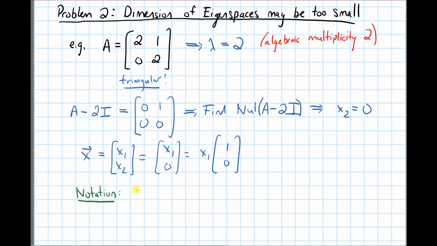I'm going to let E sub lambda denote the eigenspace for the eigenvalue lambda.